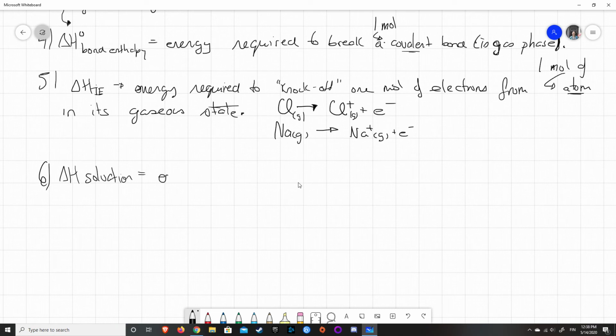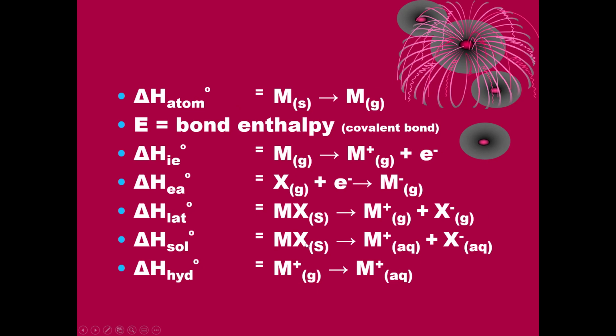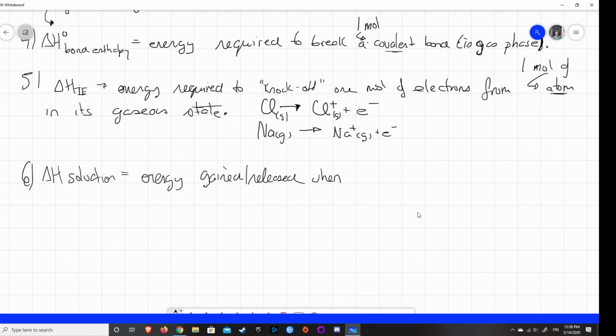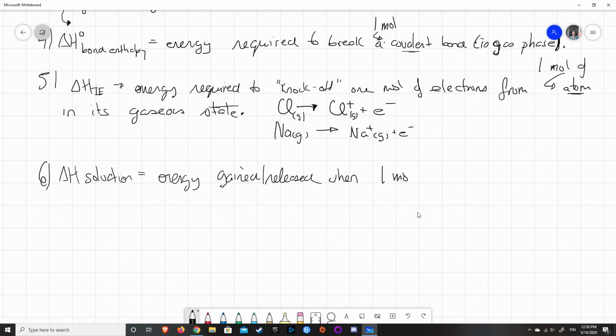And this is energy gained or released when, let's say, one mole of solid ionic compound dissolves in solution.